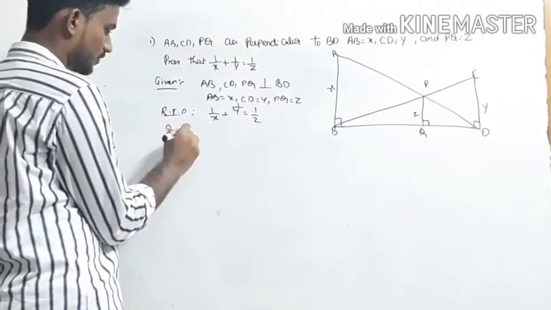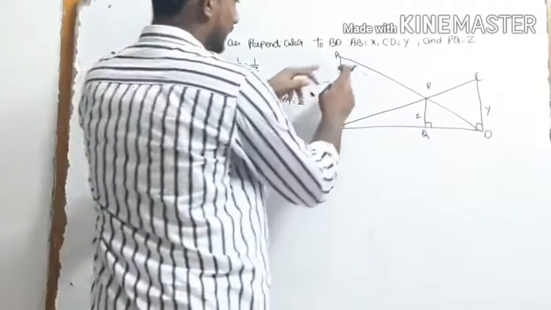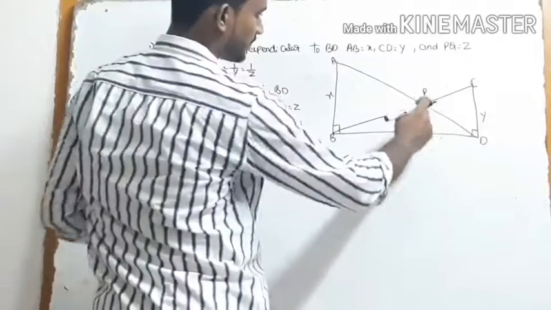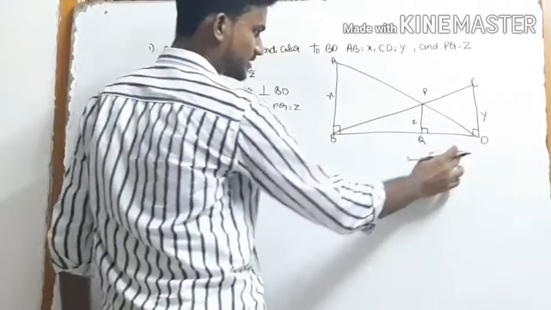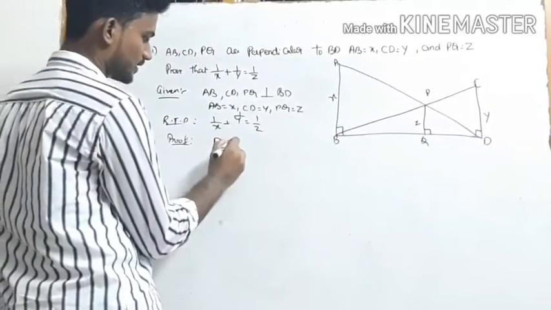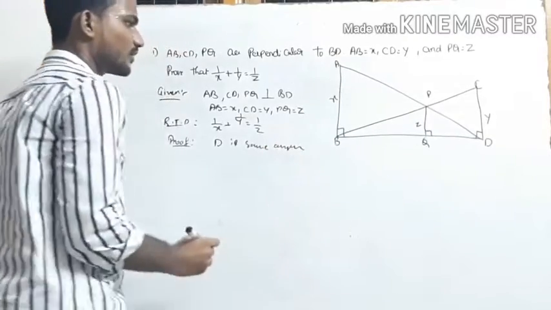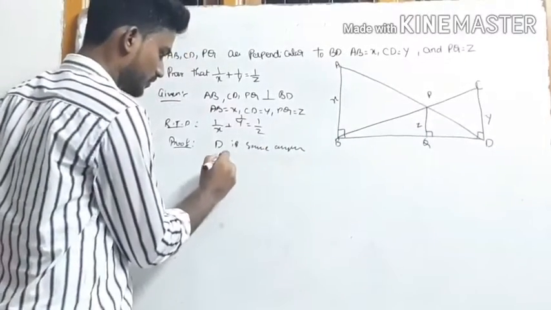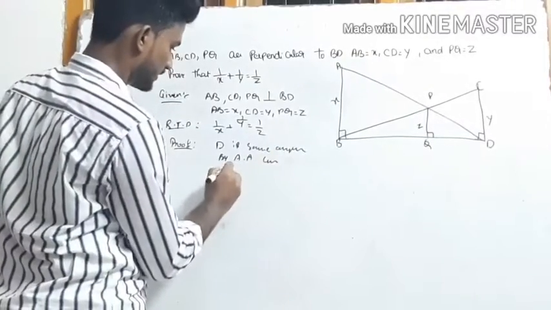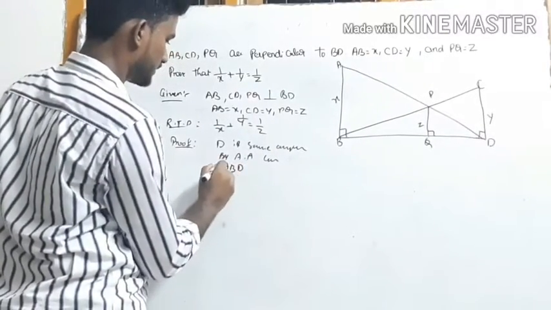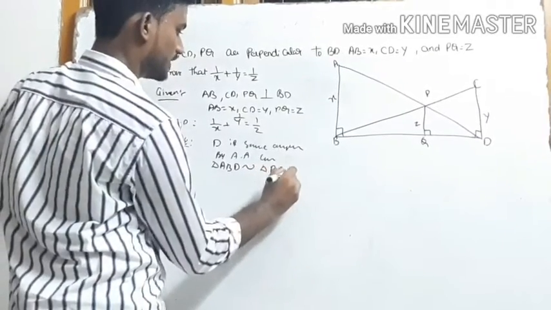Now the proof. First we take triangles ABD and PQD. Both have the same angle, that is D. So by the angle criteria, triangle ABD is similar to triangle PQD.